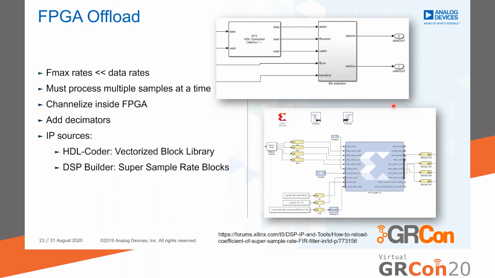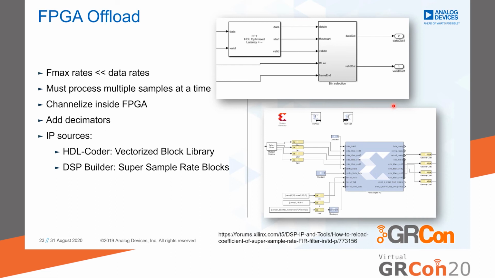Fmax is the maximum frequency or maximum clock you can run in the FPGA, and this will be related to some logic, some DSP or some block RAM. This will be the upper limit of how fast you can run things, and it is generally a lot smaller than the achievable data rates of the converters we're talking about here. Therefore, you need to transition to processing multiple samples at a time if you really want to work at that rate, or you can channelize inside the FPGA and add decimation to knock down the data rate.